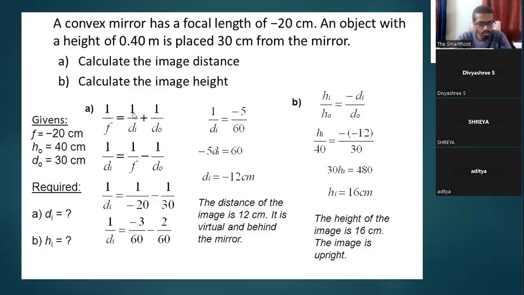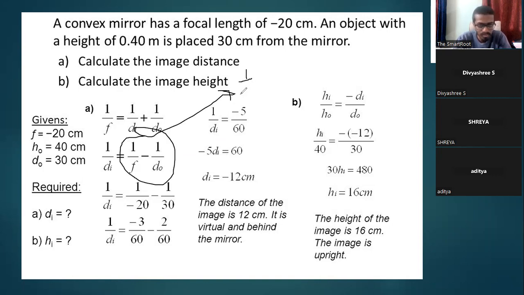Look here. I have 1/f = 1/DI + 1/DO, so 1/DI = 1/f - 1/DO. Simple shifting, that's all. Why? Because I need the image distance, so I'm just shifting DO to the other side. So 1/DI is equal to minus 5 by 60. Why? Because f is minus 20 and DO is 30. I am substituting in place of f and DO like this.